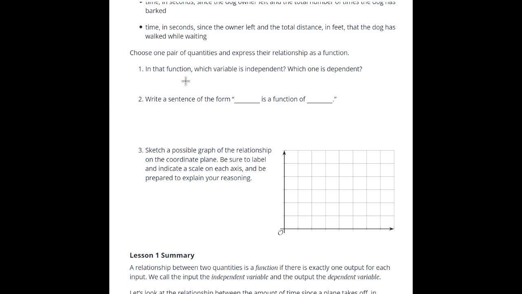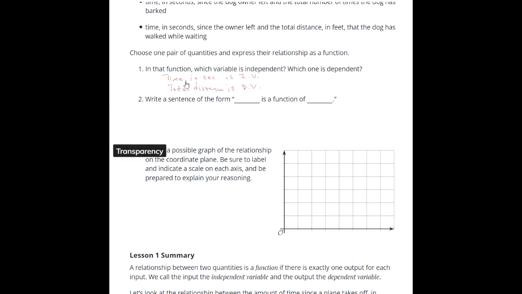In this function, the time in seconds is the independent variable, and the total distance is the dependent variable.